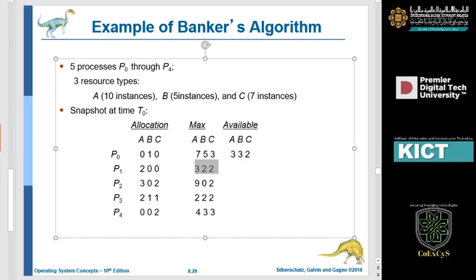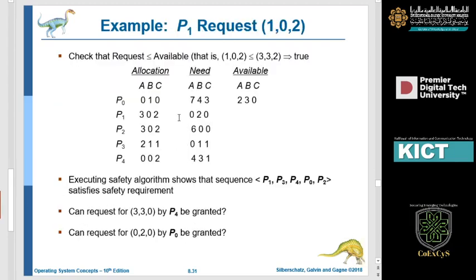Now it gets the resources, and it becomes 020. If this request is granted, P1 is asking for 102 and it's granted, the available will become 230.